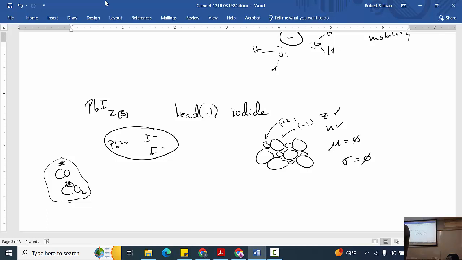And I've got to watch out, because if I handle lead and then rub my eyes or eat a sandwich, I can cross-contaminate myself. So proper chem hygiene requires washing hands afterwards.